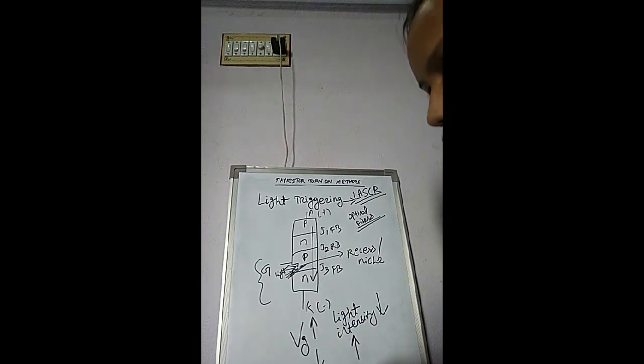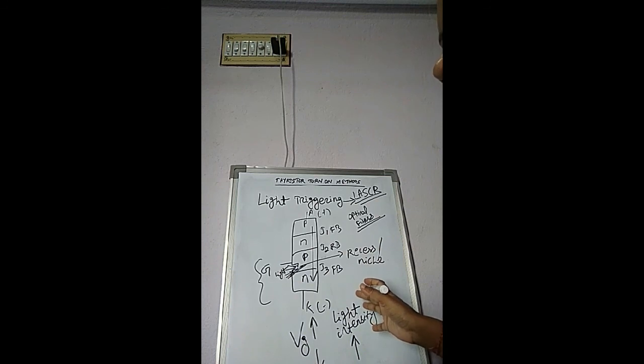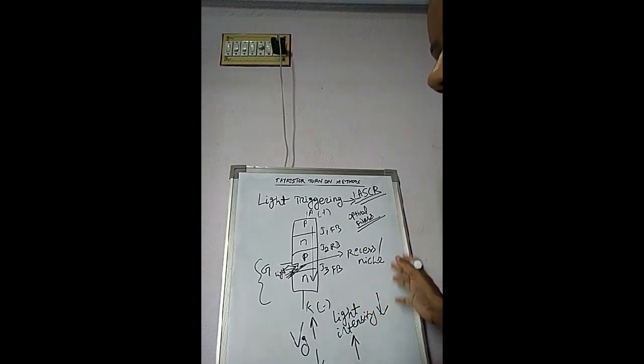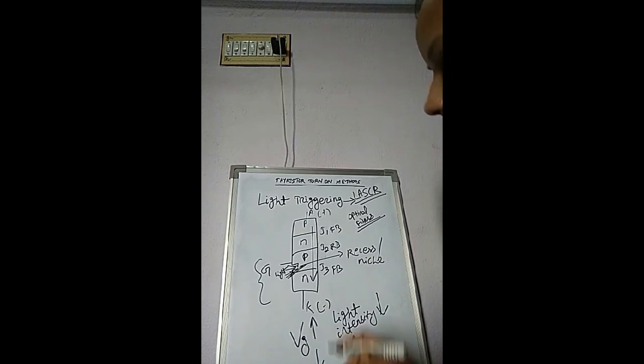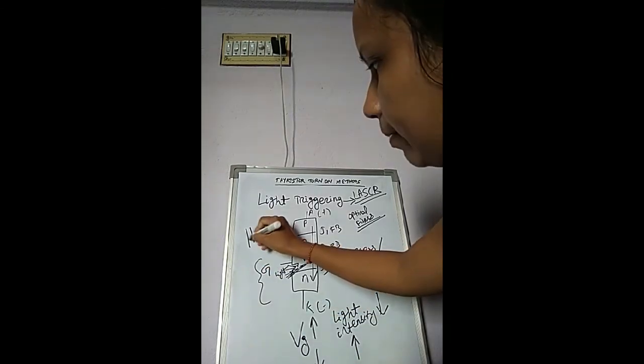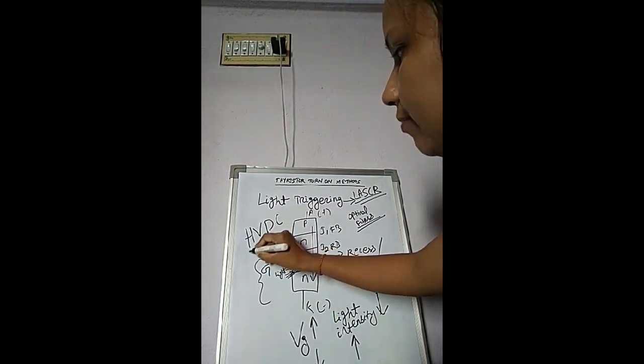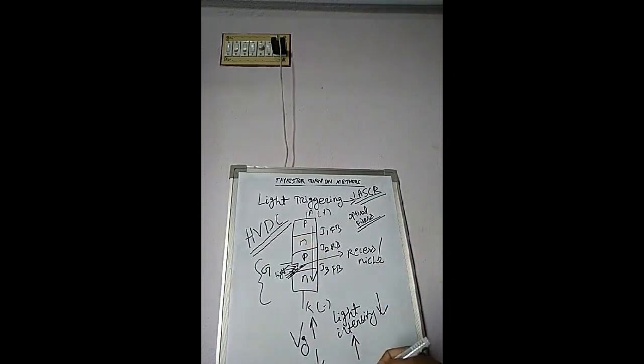Light triggered thyristors are presently used in the field of high voltage DC application. Its application is HVDC, high voltage DC line.